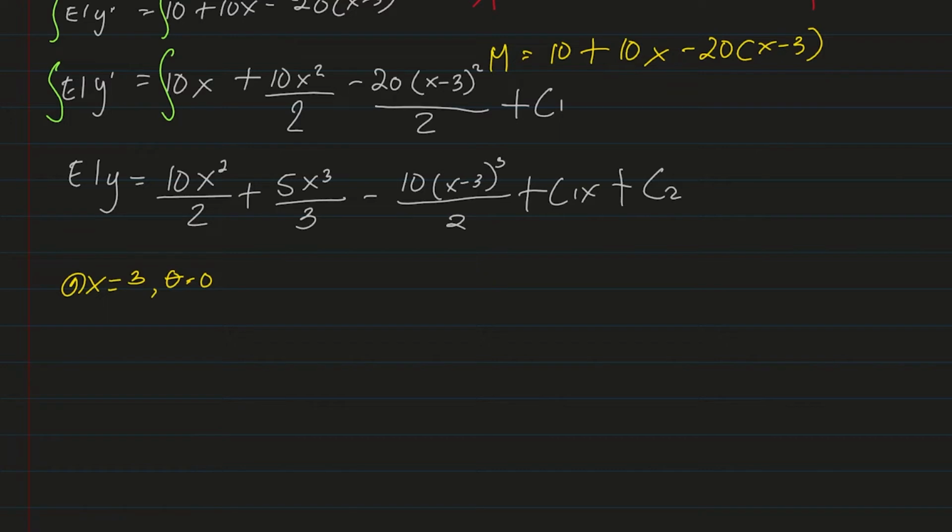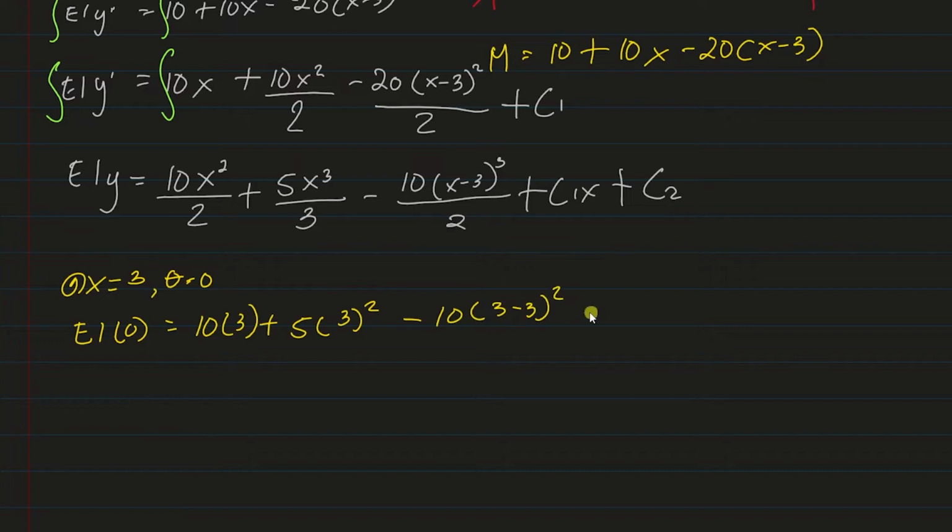So, how are we going to do that? EI y prime is 0, so we put 0 there, because y prime is the same as the slope. Then we have 10x, but our x is 3, plus 10 divided by 2, which simplifies to 5, so 5 times x, which is 3, squared, minus 20 divided by 2, which is 10, times 3 minus 3 squared.